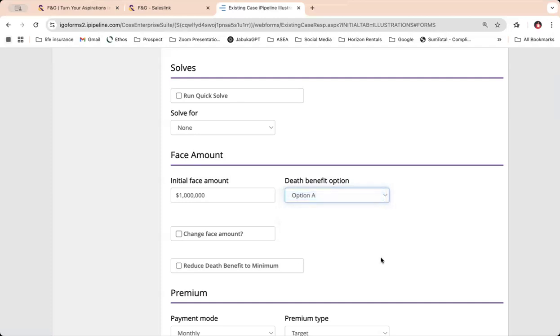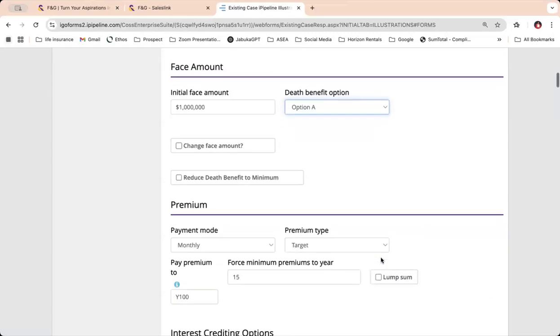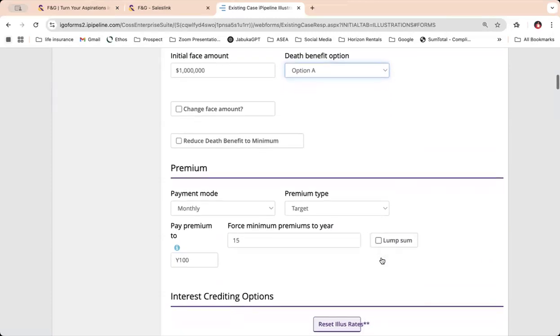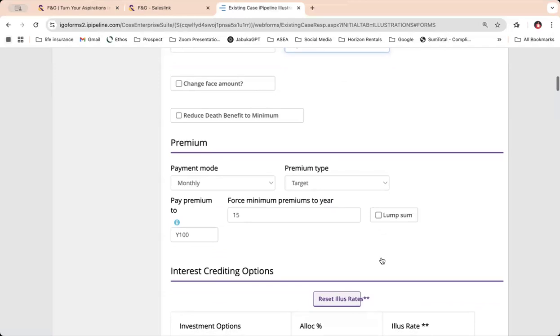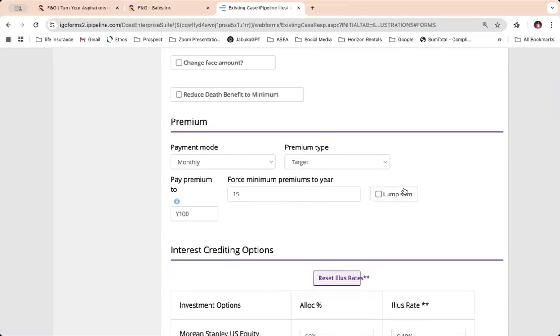Thank you. Okay, so now we're not going to do anything on the change face amount, reducing death benefit, nothing. Now we'll come to premium. What do we do here on the premium? We can put the target. Okay. What about the payment mode?